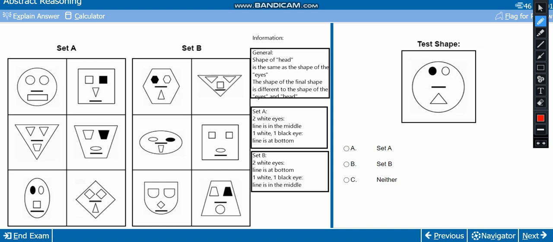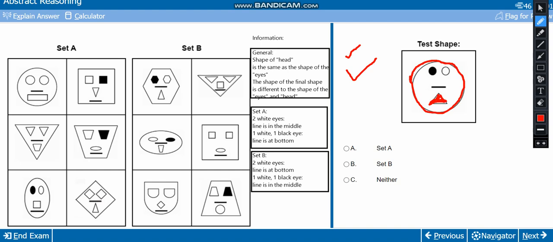In this shape, again, we can see that the two general rules are followed. We have a circle head, and within it, the two eyes are also circles, and we can see that this final shape, which is a triangle, is different relative to the shape of the head and the circle and the eyes.